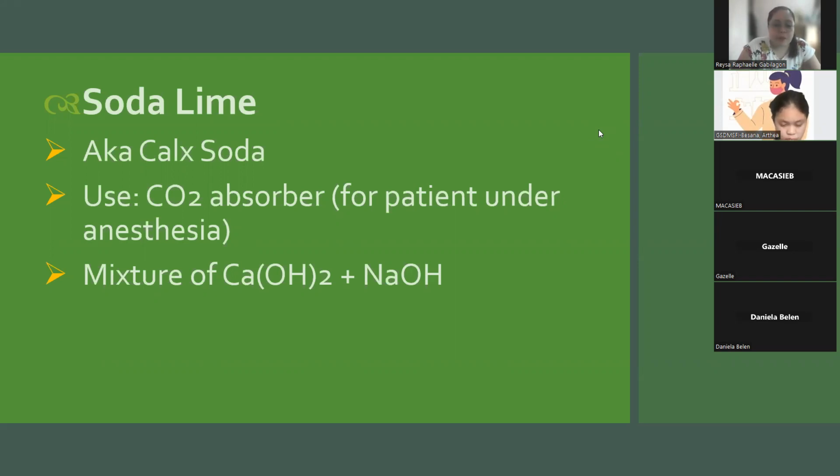Now, when there is presence of gas, a lot of the anesthesia will be wasted. So for the anesthetics to be inhaled again, and so that we can have the optimum dose, the carbon dioxide is absorbed so as not to interfere with the inhalation of our general anesthetic. That is the use of soda lime.